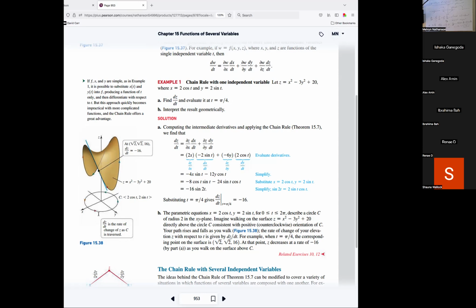So at the point when t is pi over 4, that means you're right here, x and y are both root 2. You look at the point when x is root 2 and y is root 2, z is minus 16. Here's the point on the surface.